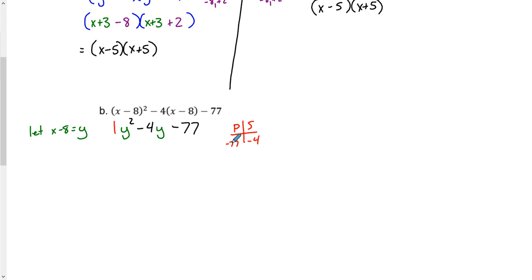Two numbers that would have a product of negative 77 and the sum of negative 4 would be negative 11 and positive 7. Which means in my simple trinomial factoring, all I have to do is put y subtract 11, and y add 7. X subtract 8 is y.